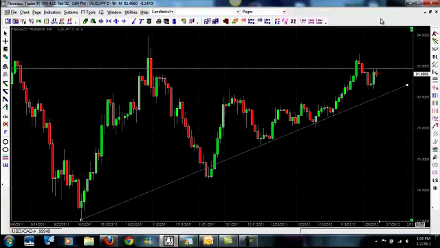And here's what I mean: the Australian dollar pays overnight at the bank one of the highest interest rates of any currency out there, and the yen happens to be the lowest. So when you buy the Aussie yen, you have to check with the brokerage firm that you're with.